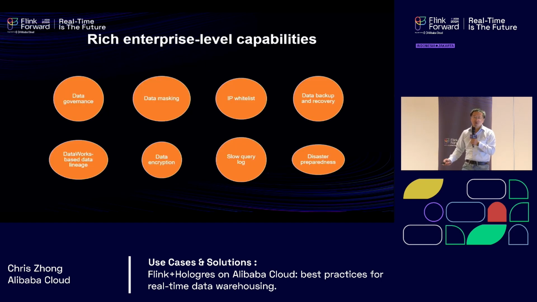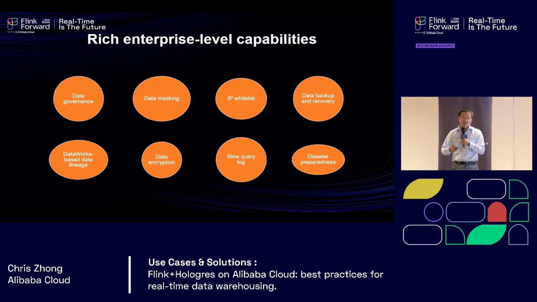Because Hologres is targeted as a real-time data warehouse, and data warehouses are always famous for their enterprise capabilities, Hologres also provides enterprise capabilities like data masking and data security. We provide PostgreSQL compliant syntax, and for PostgreSQL syntax, we know there is very mature security and access management.